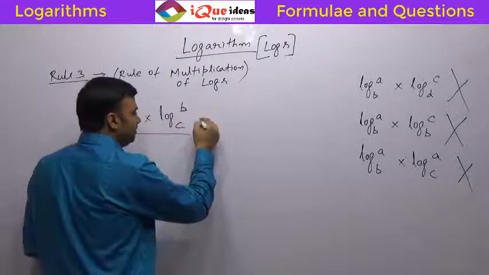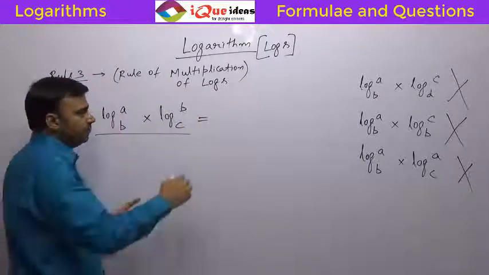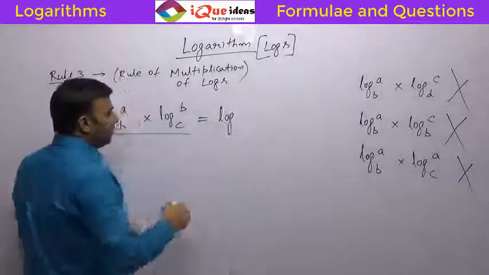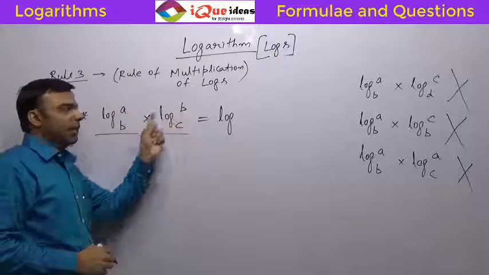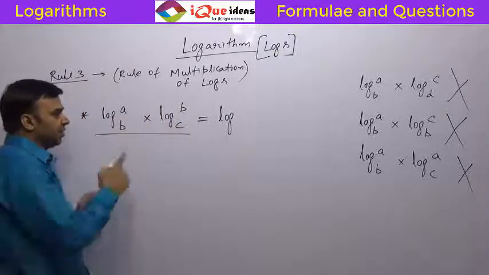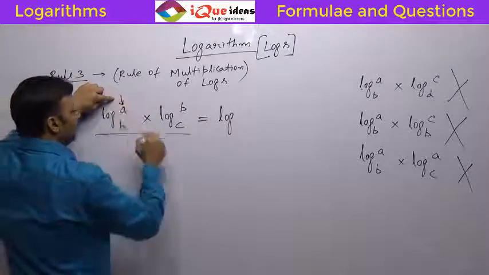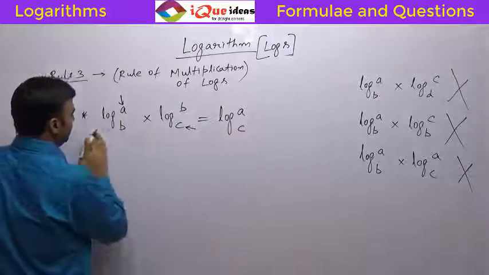And what is the outcome? If this is true, the outcome is only one log, in which the numbers will be other than the common number. So b was common, so b gets eliminated, and the final answer will be log of a to the base c. Please note it down very carefully.